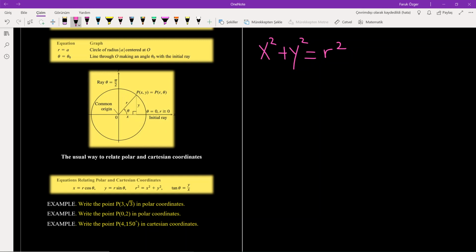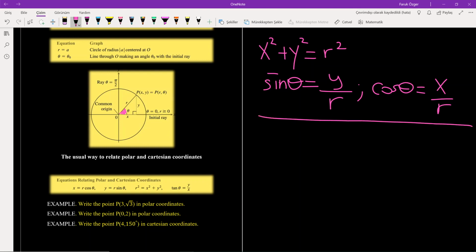It is the first equation that we know, and we also know that sine theta is equal to y over r, and cosine theta is equal to x over r.